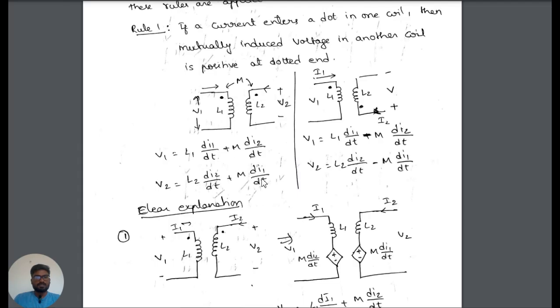For a clear explanation, the same circuit is drawn here, but converted to show the voltage drops, with the mutual inductance voltage drop shown here. As the same L1 is drawn here, for every coil there will be a mutual inductance.